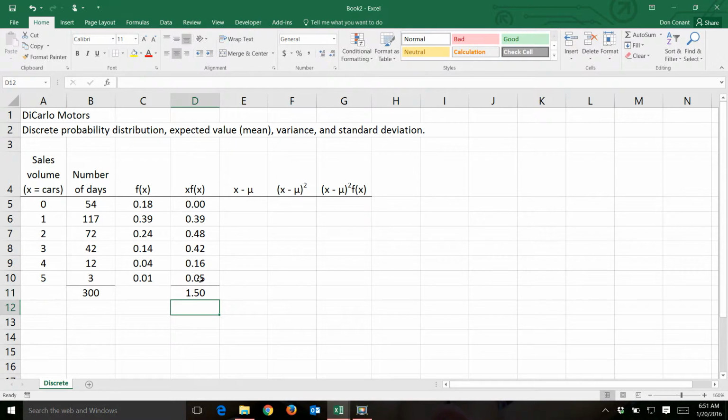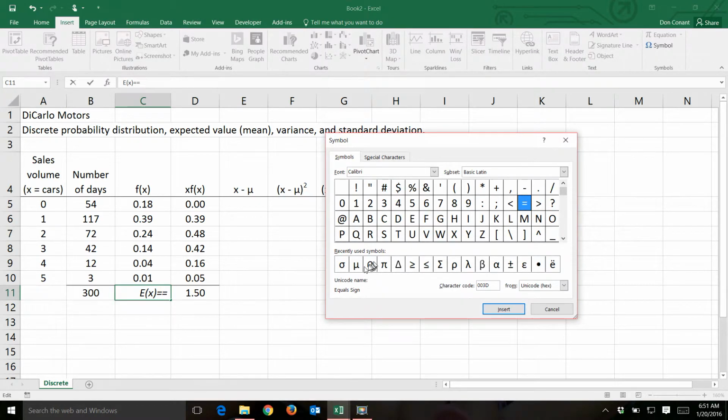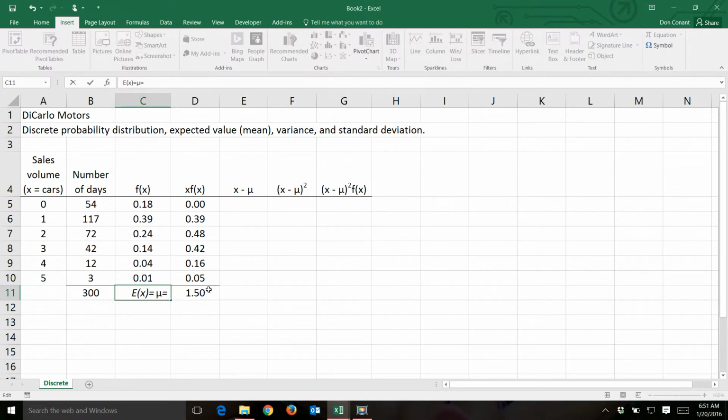And that gives us our expected value of x, which is also equal to, put that cursor between those two equal signs. This is how I overcome the problem of a changing font with a symbol. I just go ahead and put the next value in, then insert the symbol between them, which is also the mean or mu of the distribution. So we found the expected value.